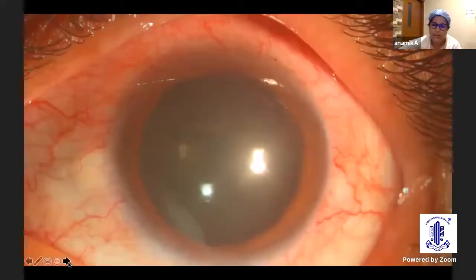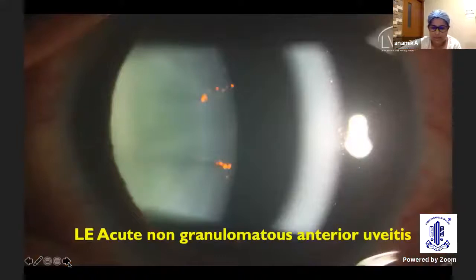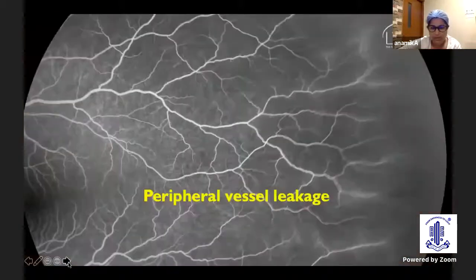But what about other cases of non-granulomatous anterior uveitis? Let's take a look at this patient who presented with redness and photophobia and had 2+ cells on anterior segment examination. The diagnosis of left eye acute non-granulomatous anterior uveitis was made for this patient.